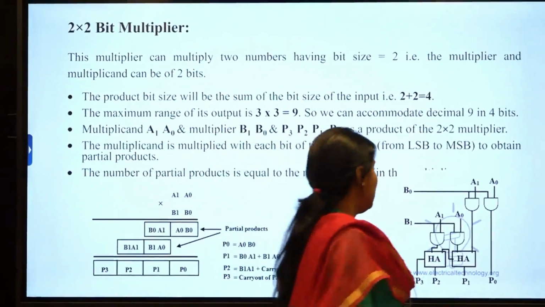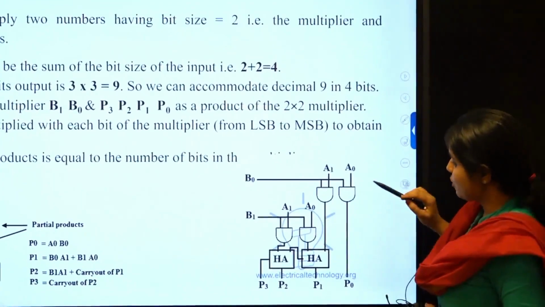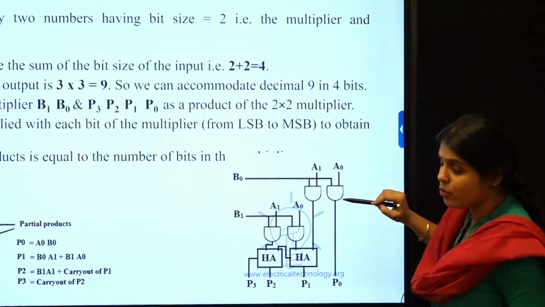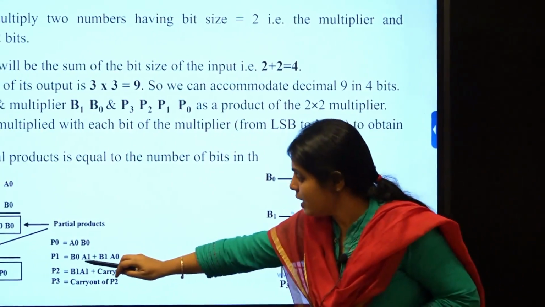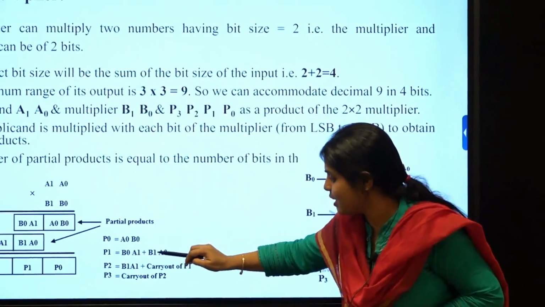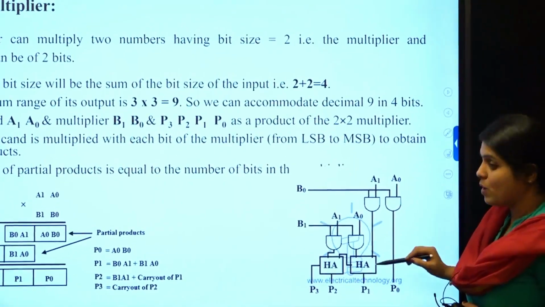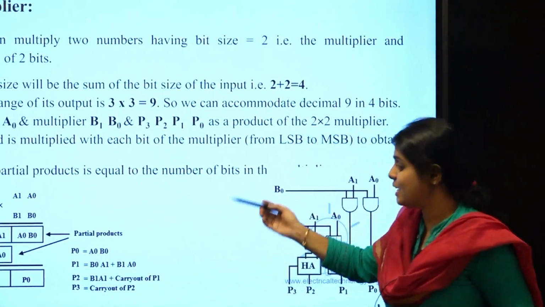As you can see, I am taking A0 A1, B0 B1. So P0 is A0 into B0, and as you can see, I am taking an AND gate. Next, what is P1? A1 B0 plus A0 B1. And then P2 is A1 B1 plus the carry out of P1.